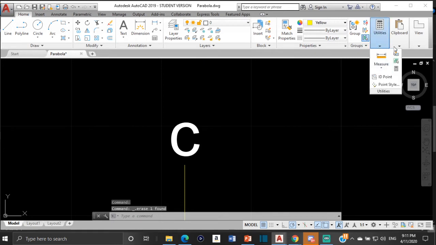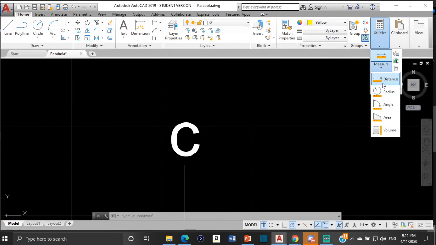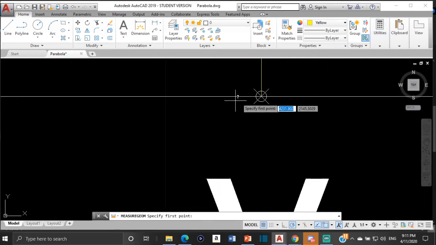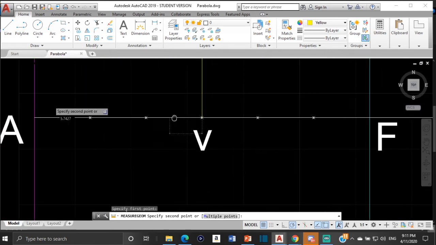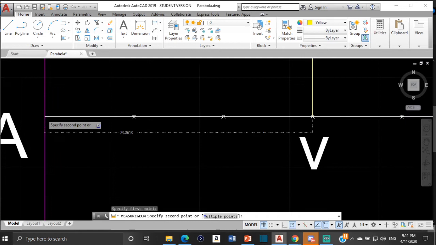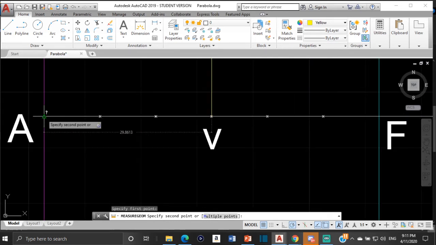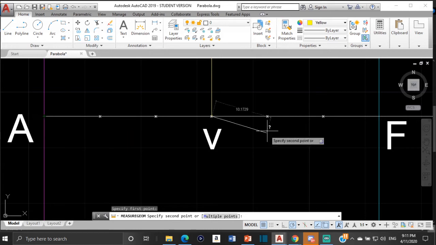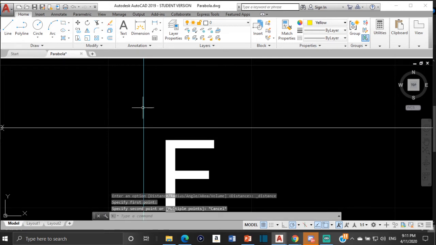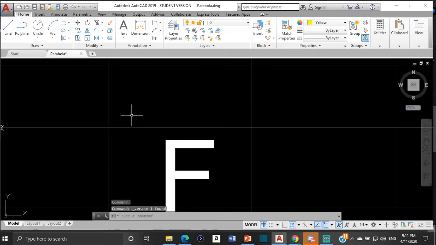Let me also check to ensure that from A to V is also 30 as well. Let me double check that from B to A. All right, so that's the problem. That wasn't completely 30 millimeters. That was 29.8613. So let me check this over here and see what this is here. The same 29. So that means that this wasn't offset exactly by 60, and that's what caused the problem.